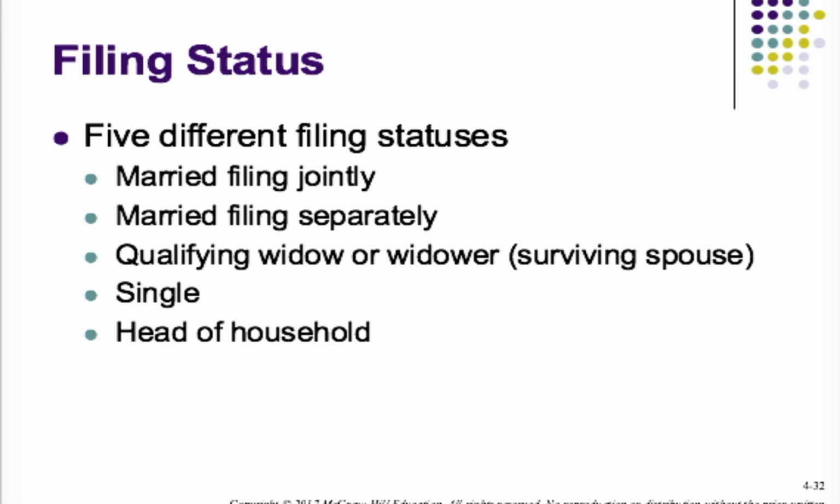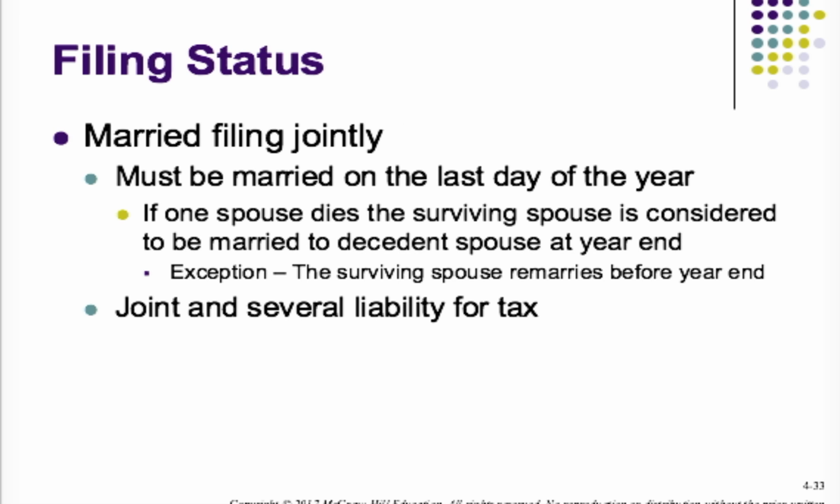Okay? So, now we're going to look at filing statuses. You have these 5 different filing statuses. We'll look at each one of those. To be married filing jointly, these are the stipulations. Okay? Must be married on the last day of the year, or another way to look at that is you only care about status as of the last day of the year, with the exception of having a spouse die during the year.